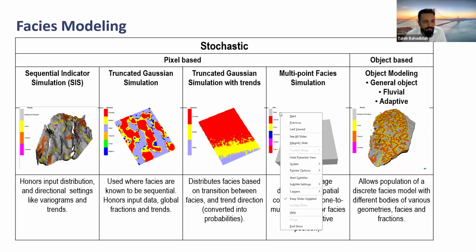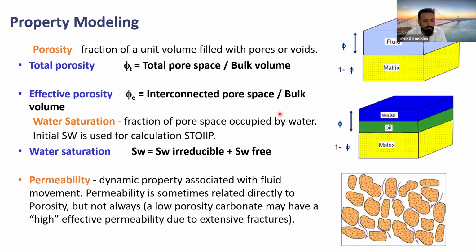So we finished the facies modeling. Now we are in the property modeling. The property modeling is mainly porosity, permeability, and water saturation. Here by definition, porosity is the fraction of the unit volume filled with pores, and it is how likely the rock is to store your fluid.